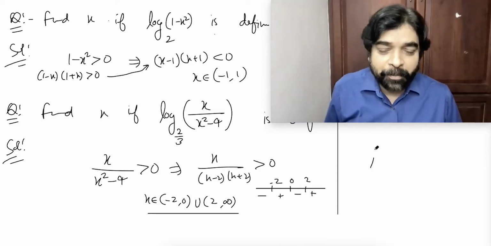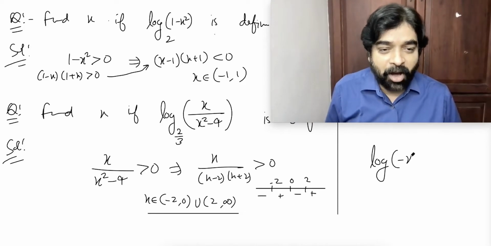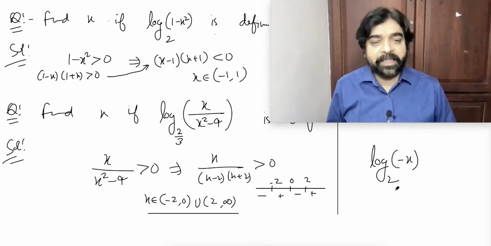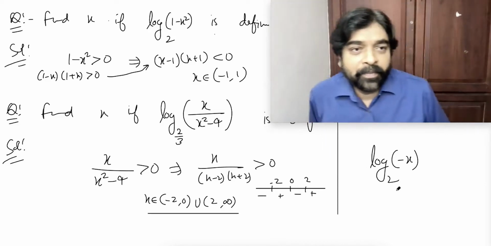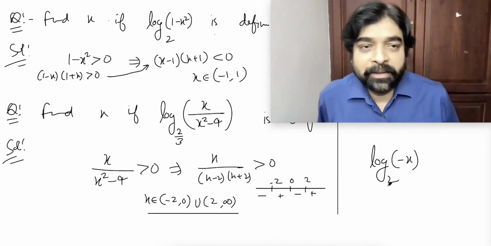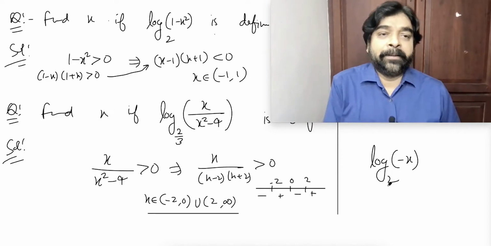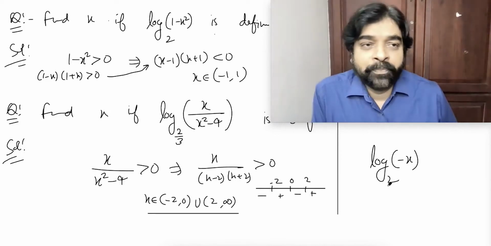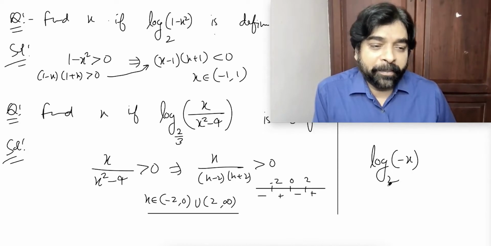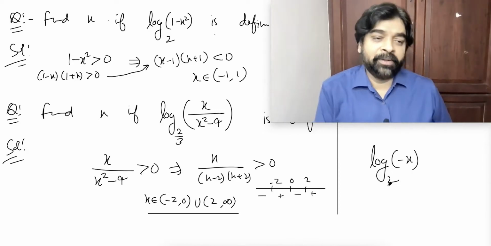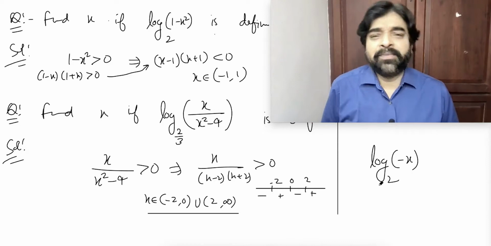For example, suppose somebody asks you, is log of (−x) base 2 defined or not? Tell me all of you. Is it defined or not? It can be defined. Yes, very much.